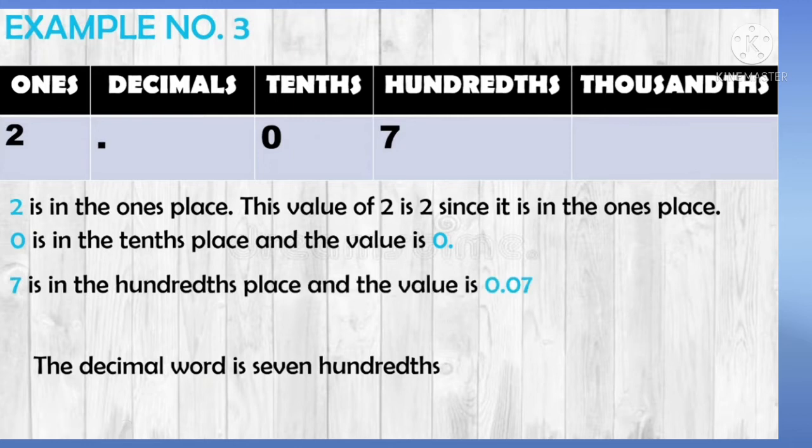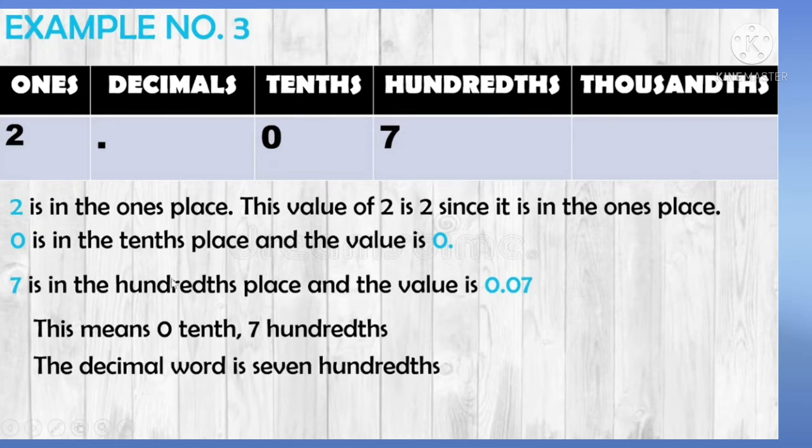7 is in the hundredths place and the value is 0.07. So here, the 7 is in the hundredths place. Okay? And then, its value is 0.07, or this means 0 tenths and 7 hundredths.